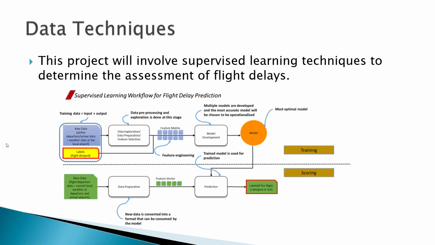So my data execution plan is like this. I'm going to be using a supervised learning model. In supervised learning, we will be providing raw data along with labels, and we will be doing some data exploration where we explore the data and identify high-level patterns, and we will also be doing some data preparation in this step.